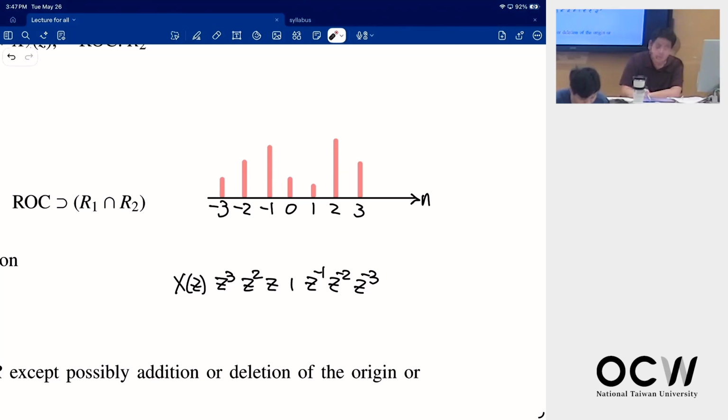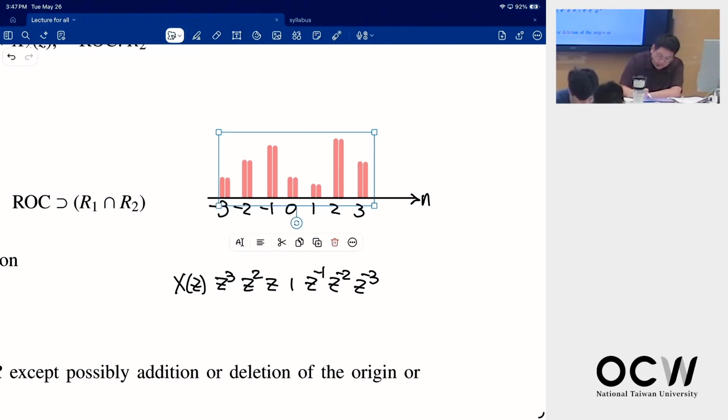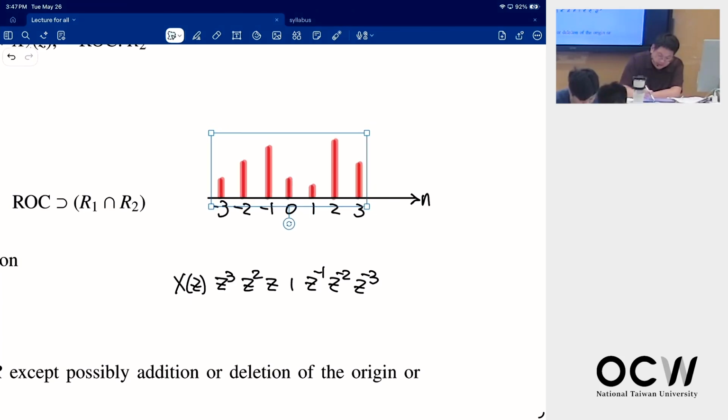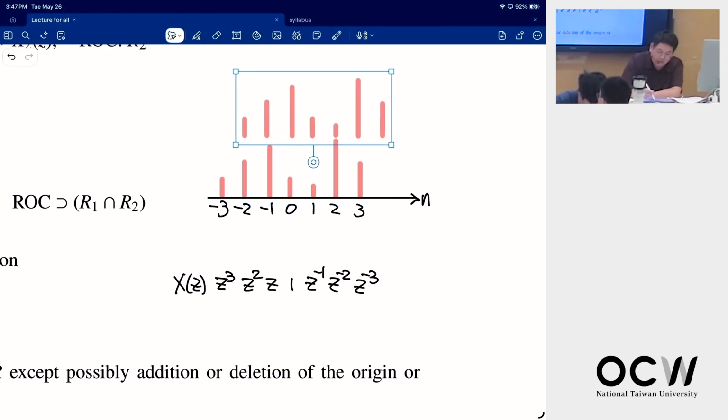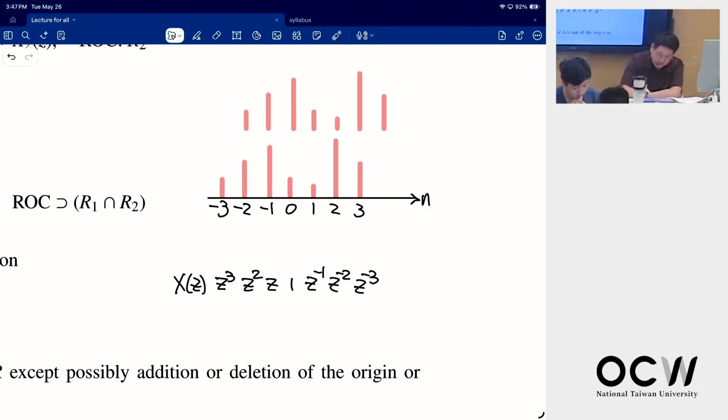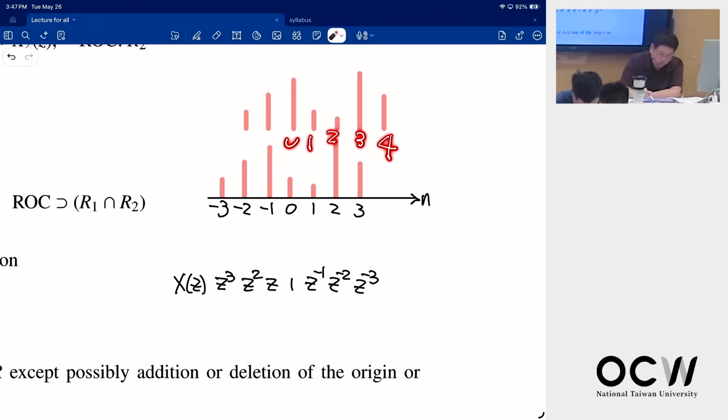So you think that I shift to the right. If I shift one unit, this is index 4, 3, 2, 1, 0, minus 1, minus 2.